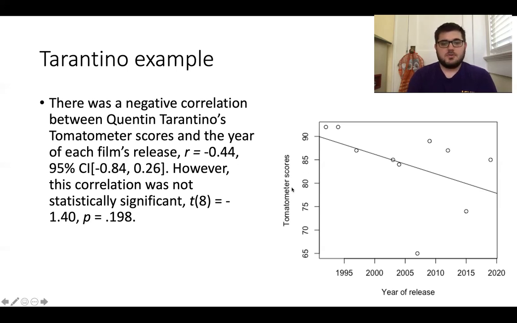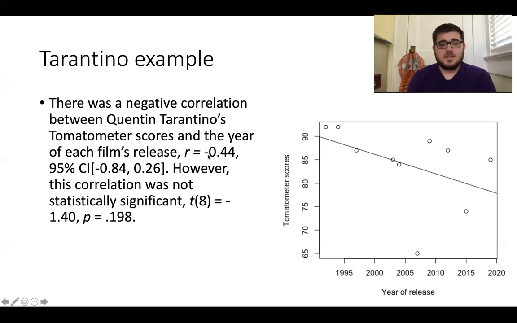I've got each movie's tomato meter score on the y-axis and the year of release on the x-axis, and I've got each movie plotted. As you can see, there kind of looks like there's a downward trend over time. I put this little line here. There's actually a good reason for that, but I'm going to get into that in the regression part. At this point, it kind of shouldn't be there because this is just correlation.